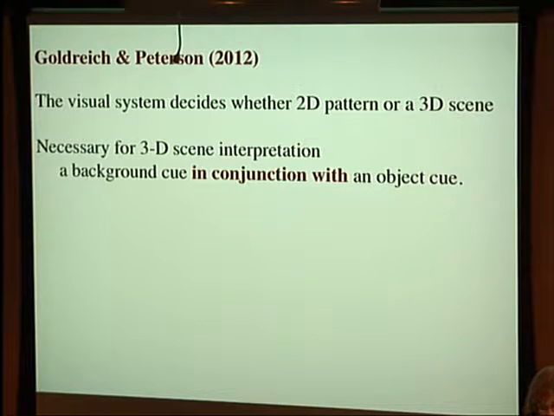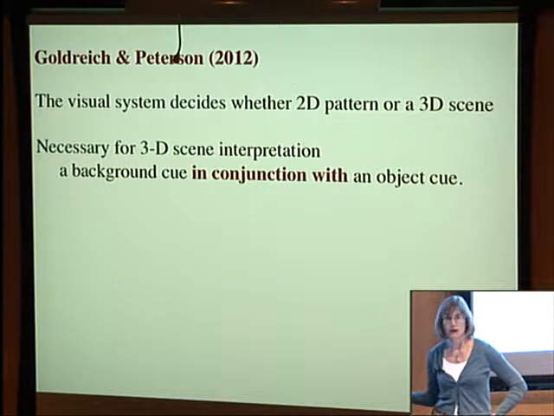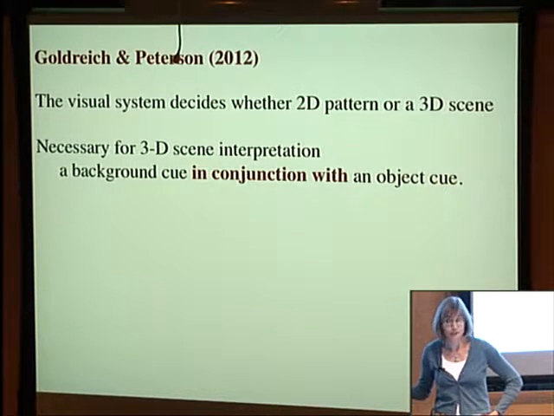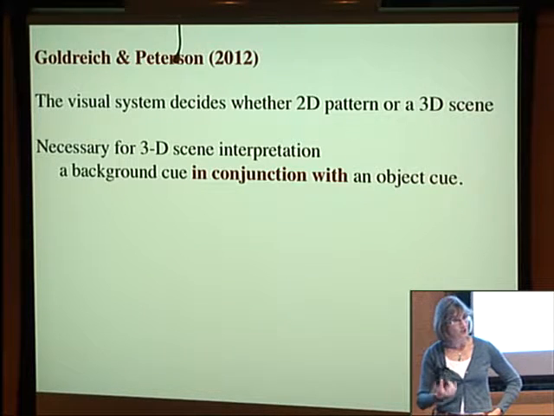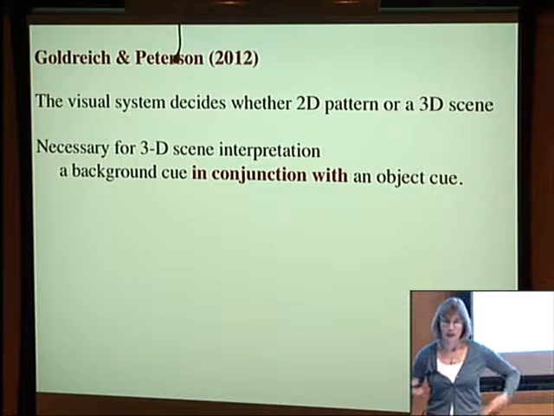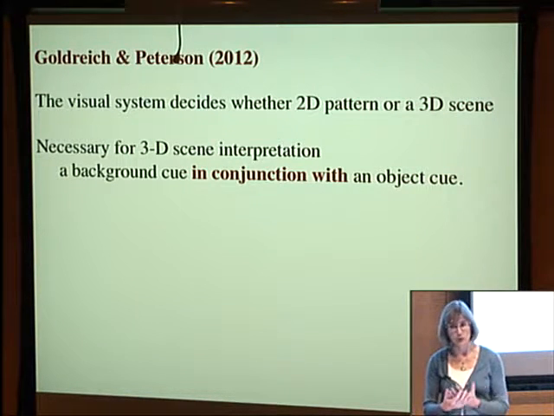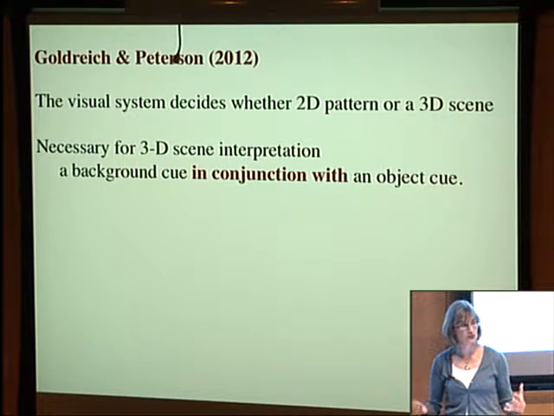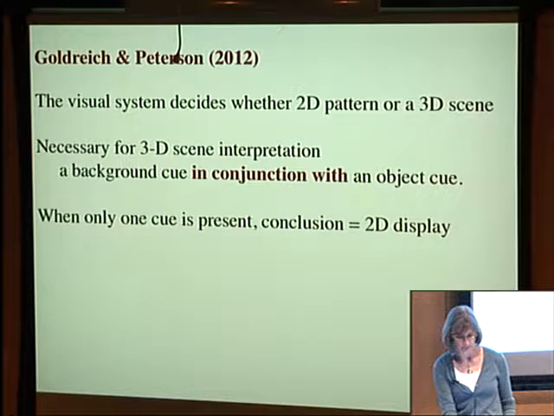And what's necessary for the 3D scene interpretation is a background cue in conjunction with an object cue. So the background cue is uniformity of the potential background region. And the object cue in these experiments that I've been showing you here is convexity. And the two of them are operating together. One of them alone is not sufficient to give the context effects.